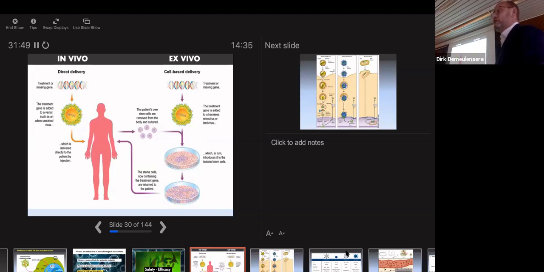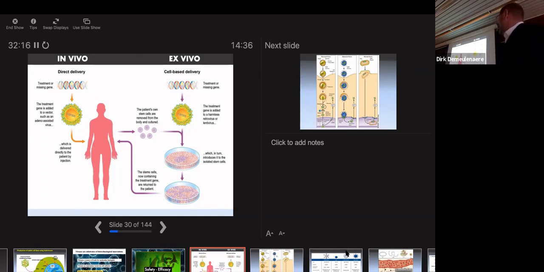This is, of course, a much more interesting approach in terms of safety, but also in terms of efficacy, because if you imagine the multiplicity of infection, when you drop virus into a host, the multiplicity of infection is very, very low. There are a lot of cells in a host. While in a petri dish, you can control the amount of virus that you put because the cells are much less abundant.